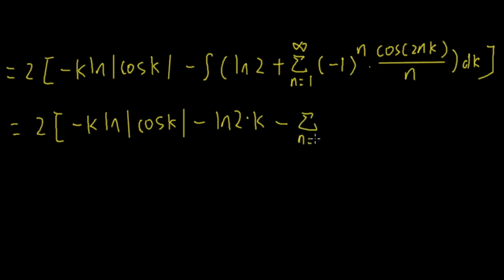The sum of n equals 1 to infinity times, what's the integral of cosine 2nk? It must be sine 2nk times 1 over 2n. Right? Because if you differentiate sine 2nk over 2n, you get cosine 2nk.